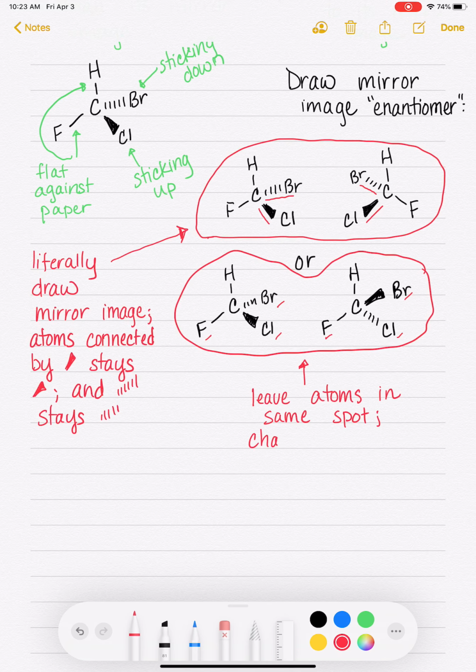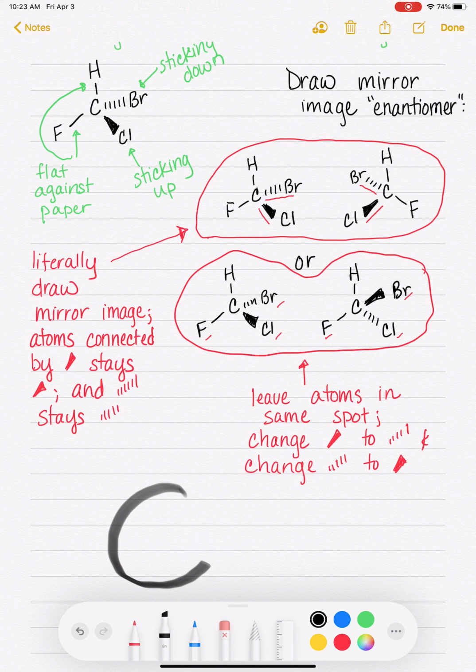You are going to change the wedge to a dash and change the dash to a wedge. Now I know this is extremely overwhelming stuff. So maybe I'm going to draw not a sad face, but like an I don't think I like this anymore face. But what we're going to do now is move on to a worksheet where we're going to practice a lot of problems, and hopefully that's going to clear this up for you.